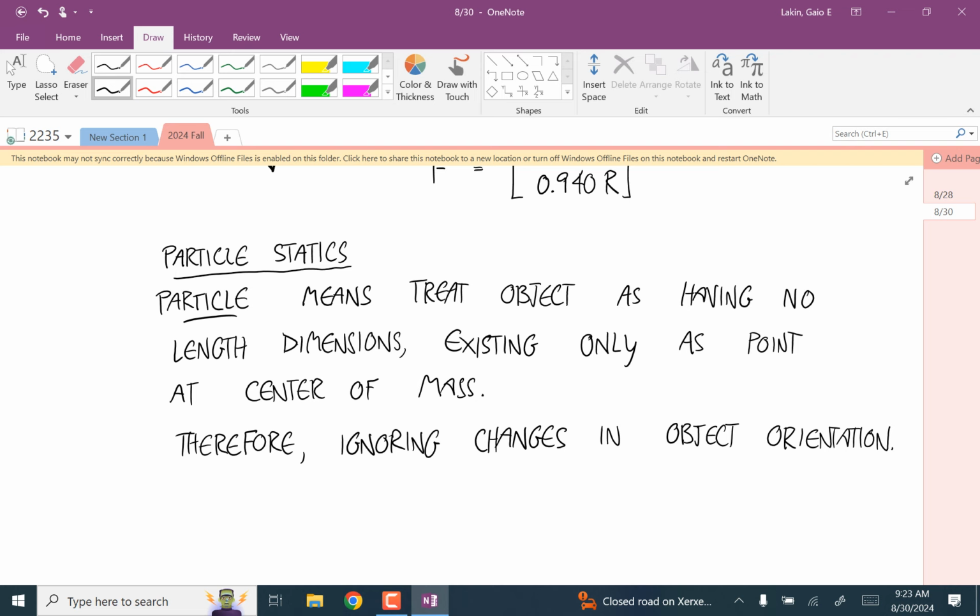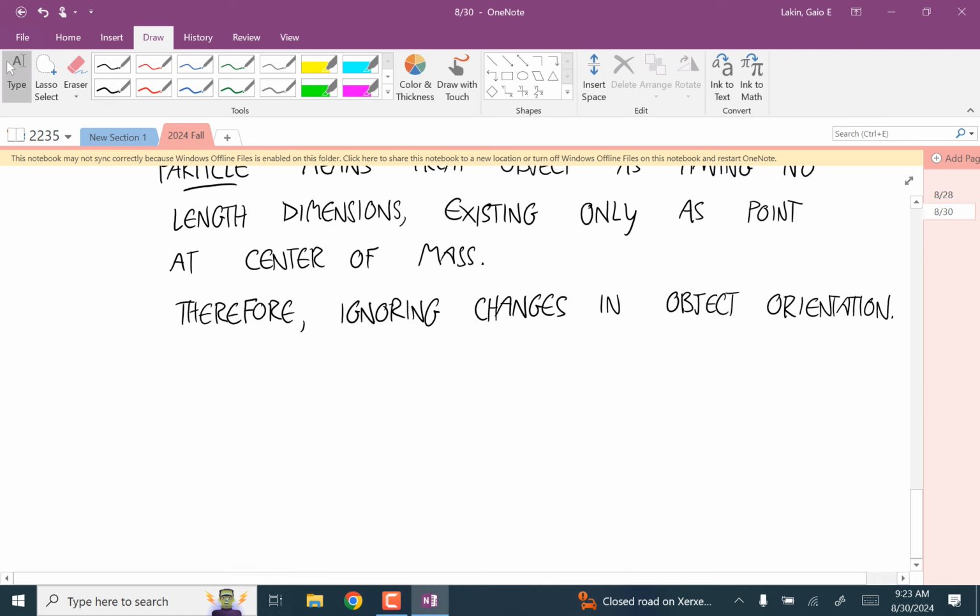What we can't track is it doing this. And they're related because when an object is doing this, an object that has length dimensions, every point on that body is in a circular path around the center. That's why it can get confusing between these two things. But when I say changes in orientation, I'm saying first it's looking this way, second it's looking this way. We don't know anything about that with particle calculations.